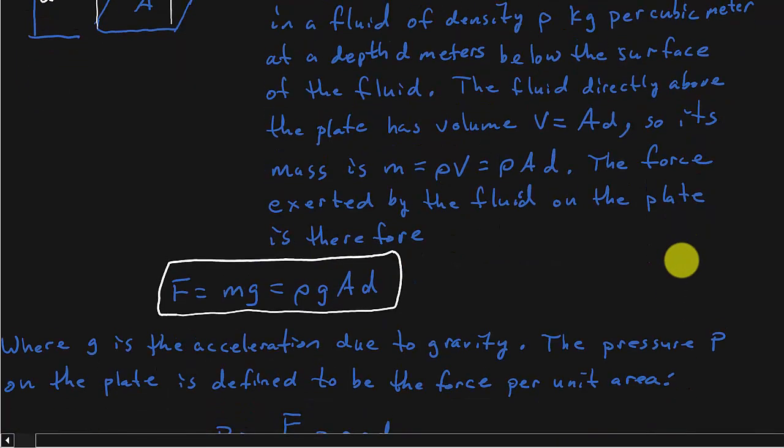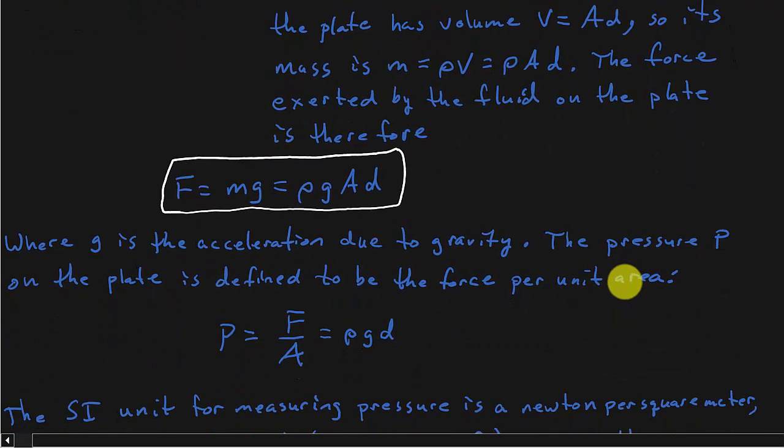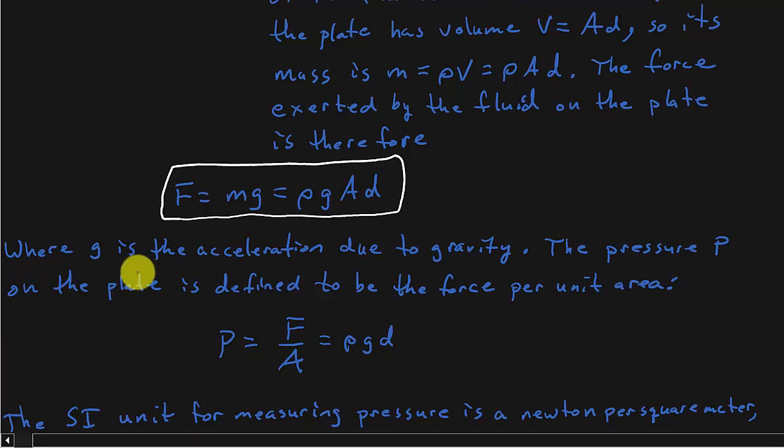All right, so let's keep reading and see what we've got. Where g is the acceleration due to gravity, the pressure P on the plate is defined to be the force per unit area. So the pressure is the force divided by the area, which is equal to rho times g times d.